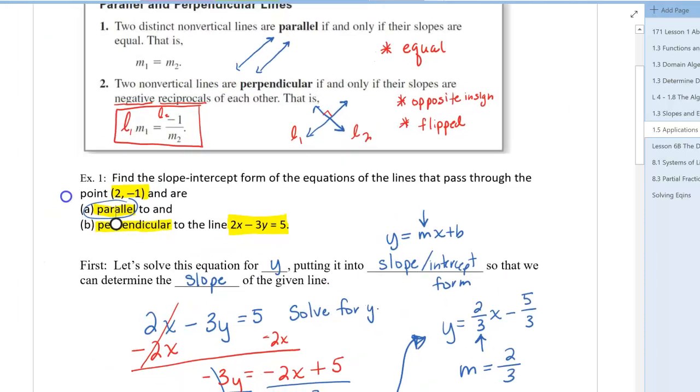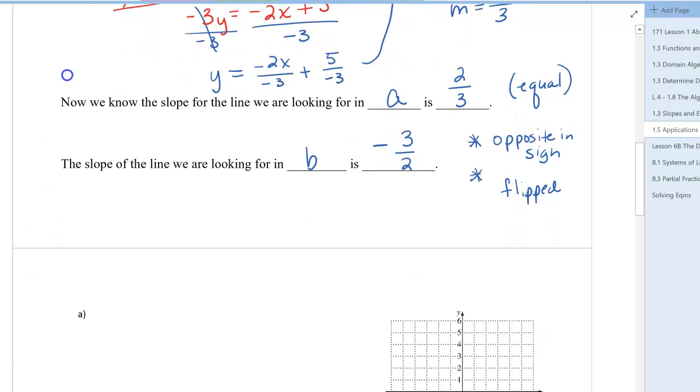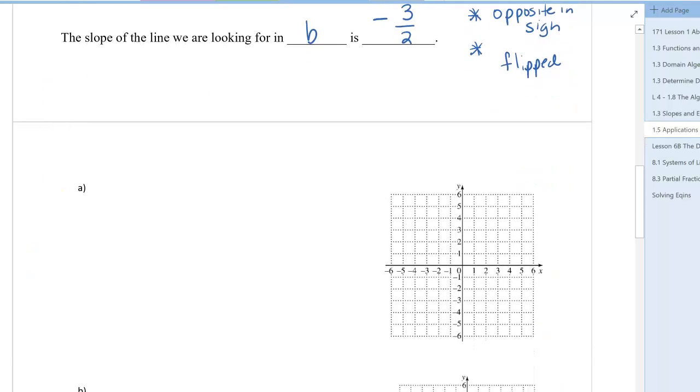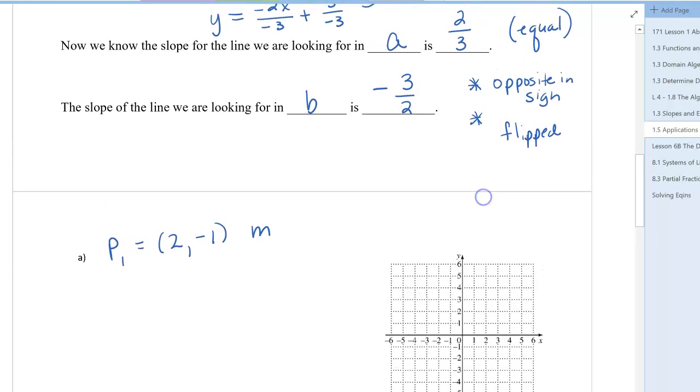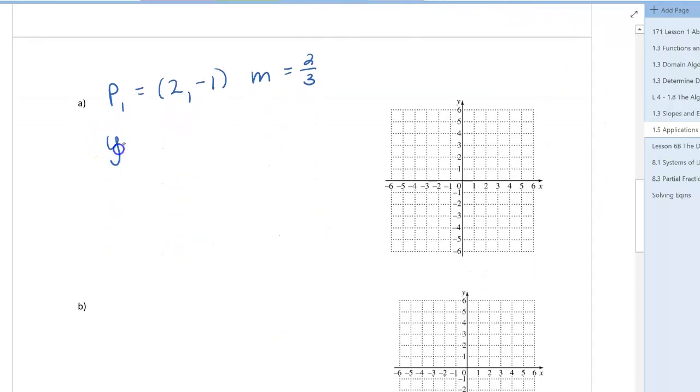All right, moving right along, let's look at now how we write these equations. So our given point is (2, -1). So for A, point 1 is (2, -1), and we just determined that our slope is 2/3. So if we use our point-slope form, y minus y sub 1 equals m times x minus x sub 1.